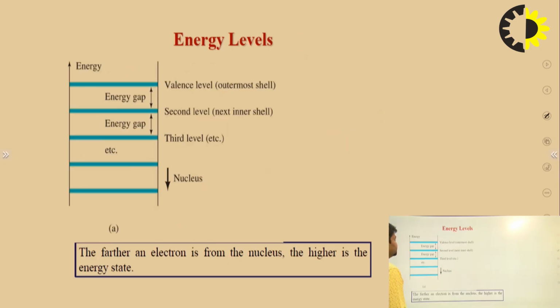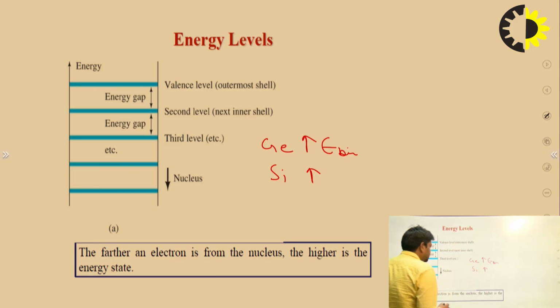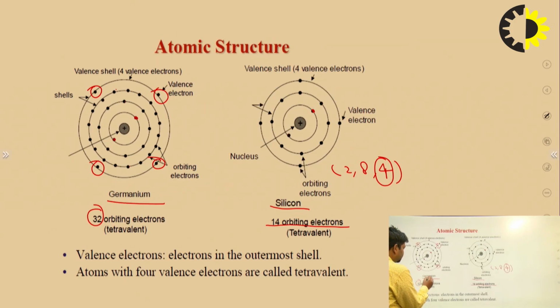So what is the energy level? The farther the electrons are from the nucleus, the higher the energy state. Germanium has 32 electrons, so if an electron escapes, the binding energy is less.